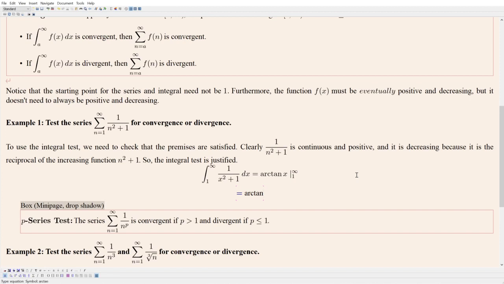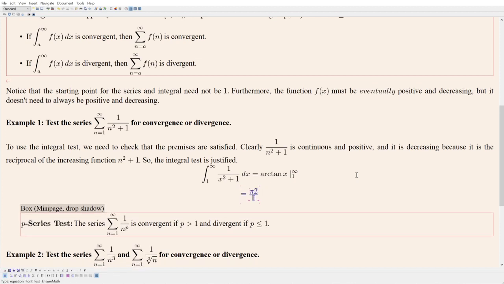What is the limit of the arctangent as x goes to infinity? Well, that is pi over 2. Right? Just look up our section on inverse trig functions. The limit of the arctan as x goes to infinity is pi over 2. And then arctan at 1.